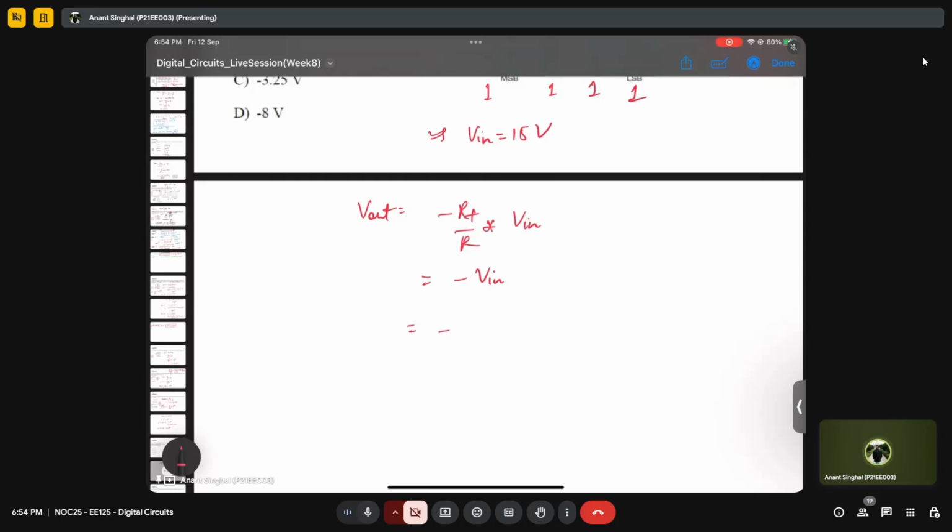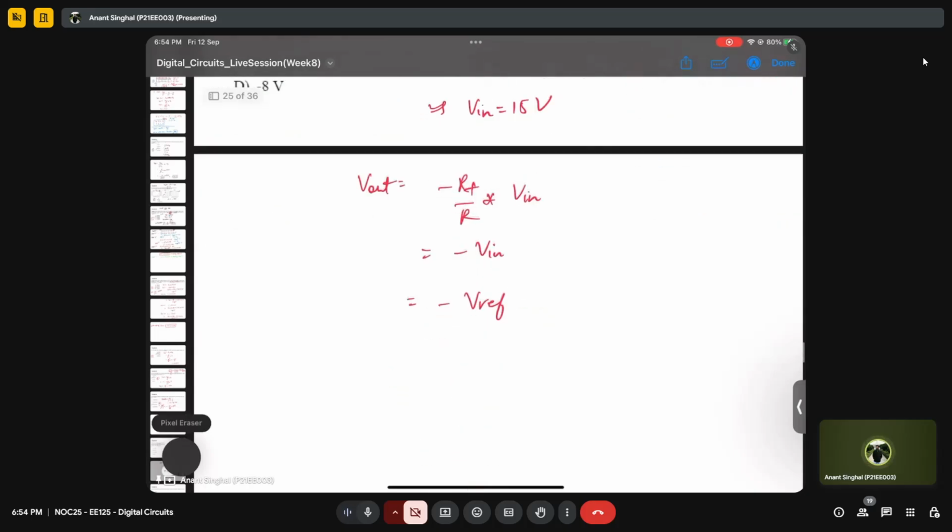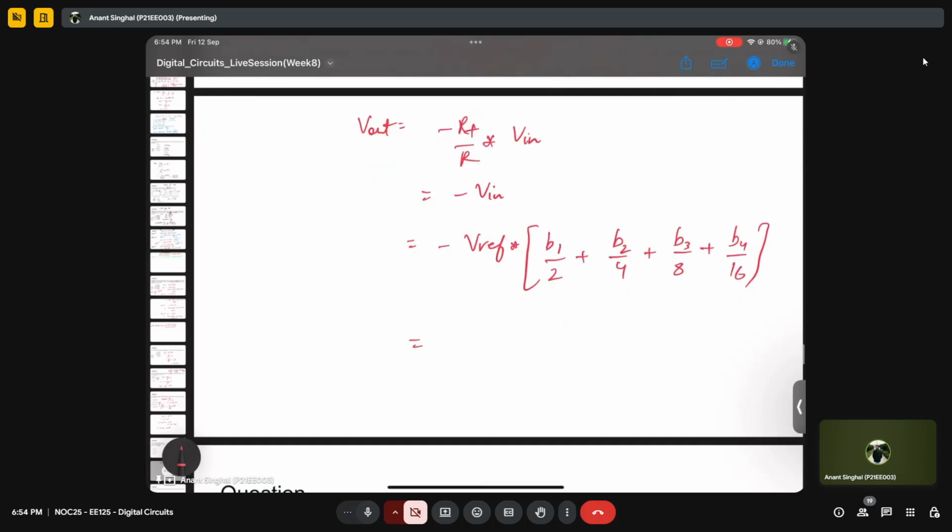R by R will cancel out, so it's Vref times. Since everything is 1, we can also do that 1 by 2 trick that I told you in the initial class. So it will be B1 by 2, B2 by 4, B3 by 8 plus B4 by 16. Since we have 4 bits and all of them are equal to 1, we'll add them up.